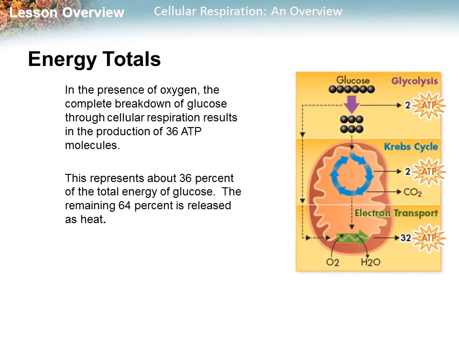So in the presence of oxygen, the complete breakdown of glucose through cellular respiration results in the production of 36 ATP molecules. This represents about 36% of the total energy of glucose. The remaining 64% is released as heat.